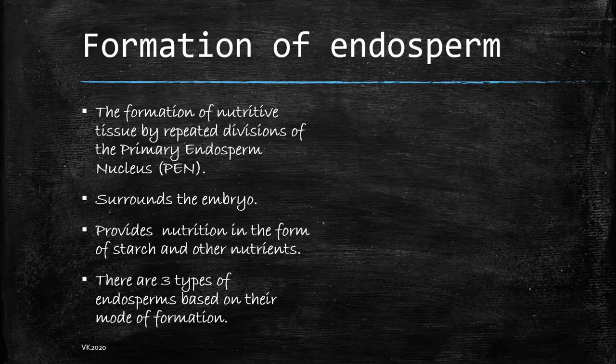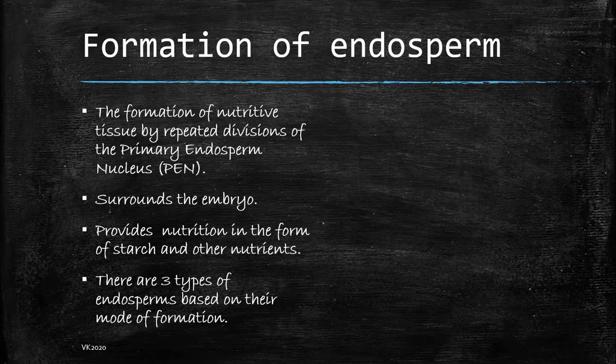Now that we have completed double fertilization, it led to a primary endosperm nucleus, which is triploid in nature, and a fertilized oosphere, which is diploid in nature. Now, the primary endosperm nucleus develops into an endosperm. What is endosperm?